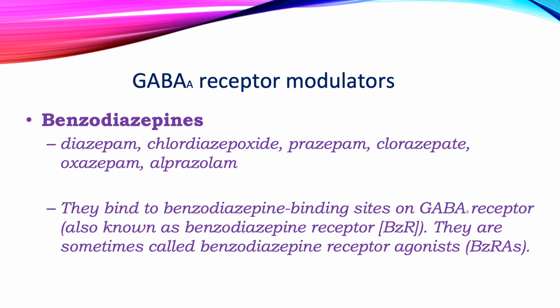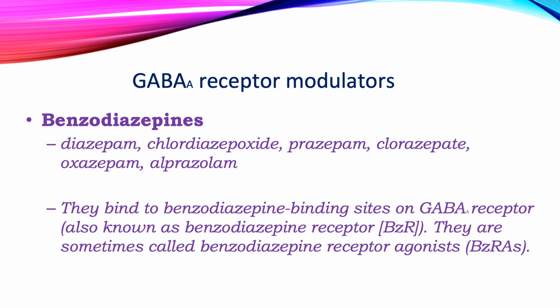So these are the main groups under the GABA A receptor. Benzodiazepines commonly end with -zepam, except for chlordiazepoxide and alprazolam here. They bind to a specific benzodiazepine binding site on the GABA receptor, also called BZR.